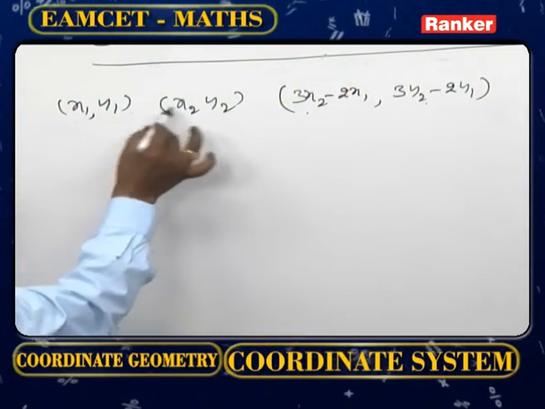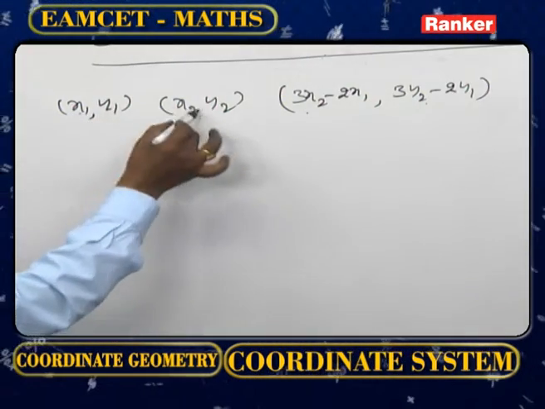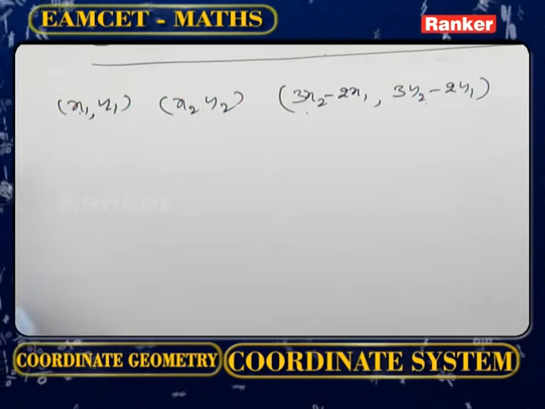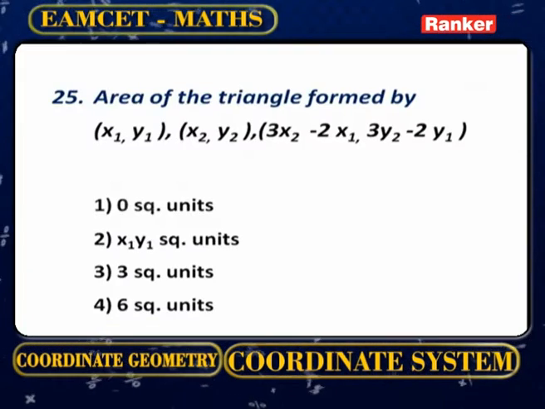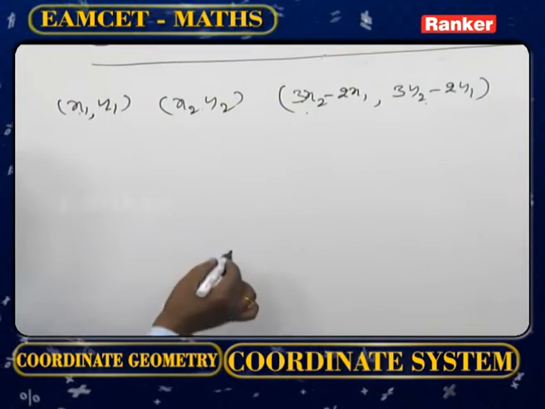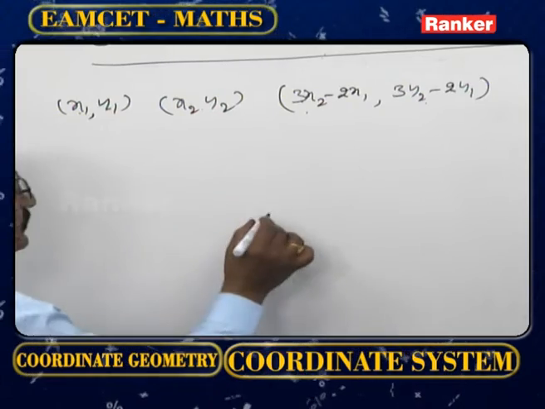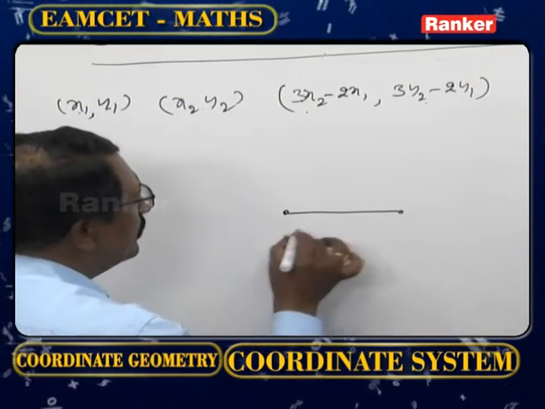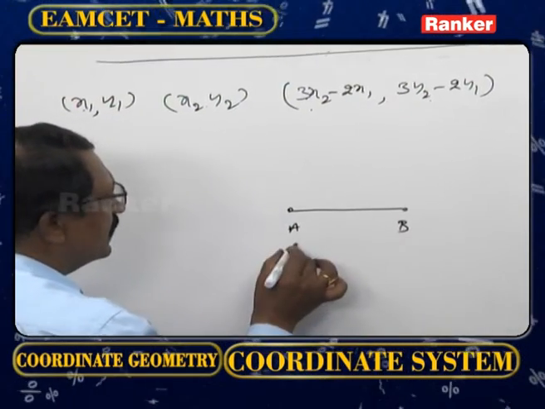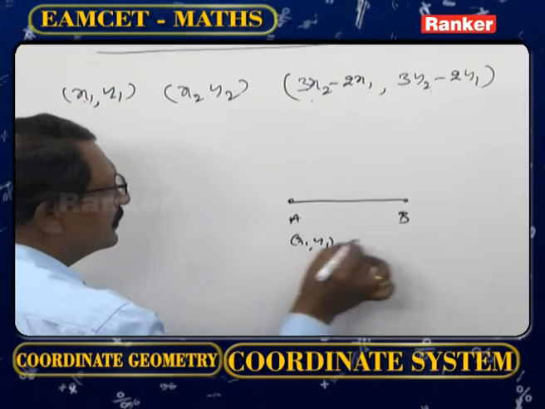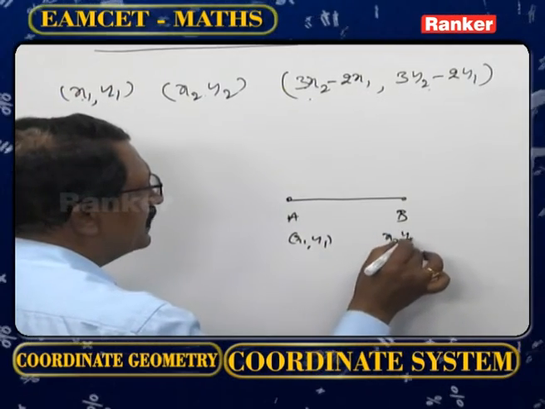divides the line segment joining x1 y1 and x2 y2 in the ratio 3:2 externally. Now, suppose AB is a line segment, A x1 y1, B x2 y2.